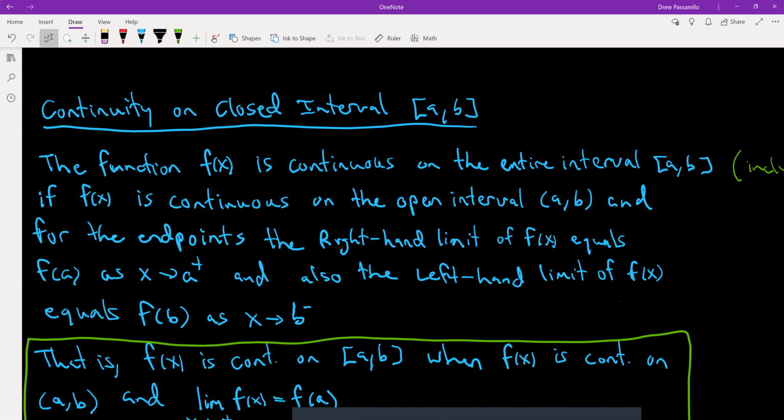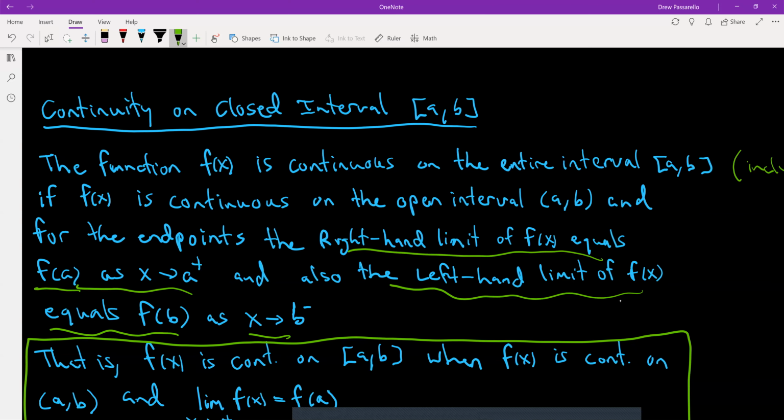And in order for it to be continuous at the endpoints, you need the right-hand limit of f of x to equal f of a as x approaches a plus, which means as x approaches a from the right. And then you need the left-hand limit of f of x to equal f of b as x approaches b, and it has this minus sign, meaning x approaches b from the left.